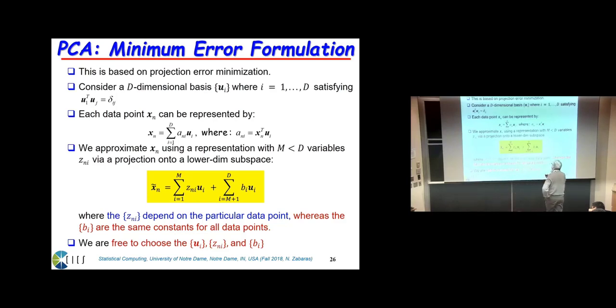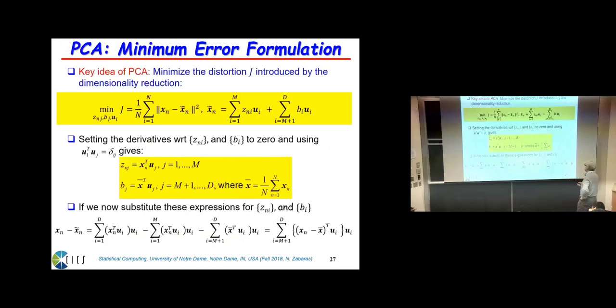The question is, what are these coefficients, and what should we use there? We said that the second paradigm of PCA is to minimize the projection error. You remember?